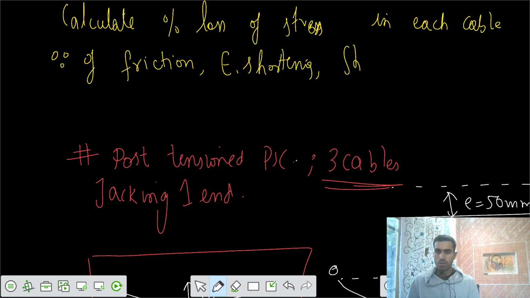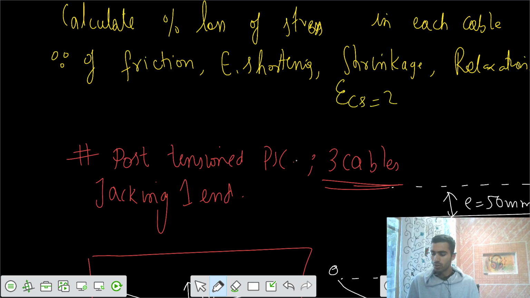One more because of shrinkage. Because of relaxation. The shrinkage strain is given to you, ECS, that is 2 into 10 power minus 4, and your value of phi is also given to you.